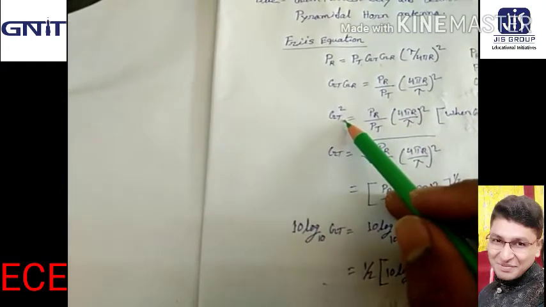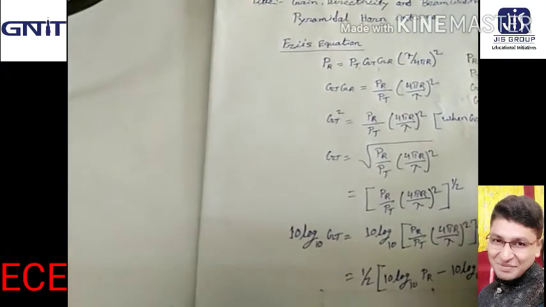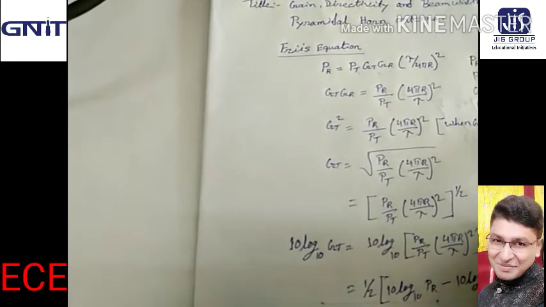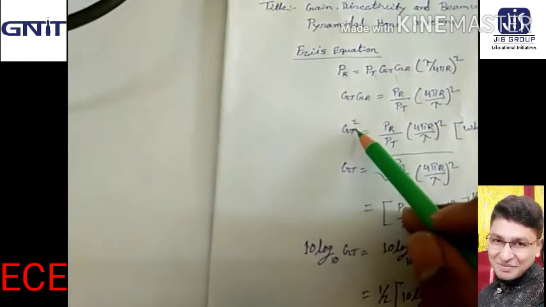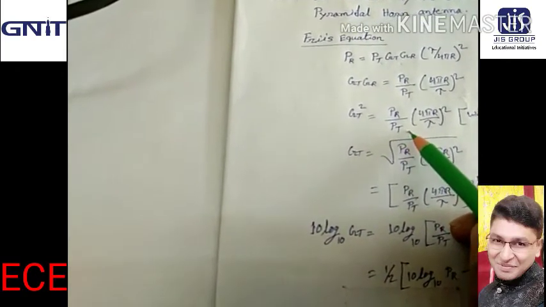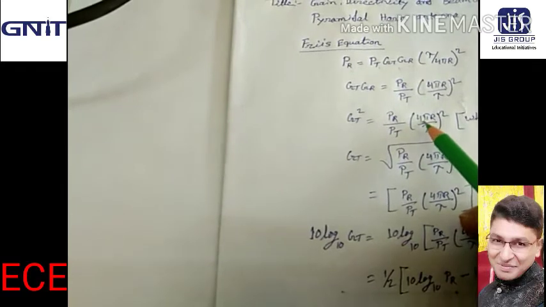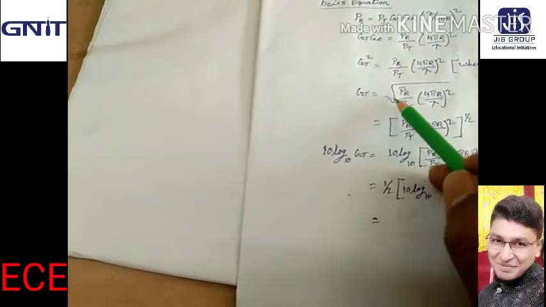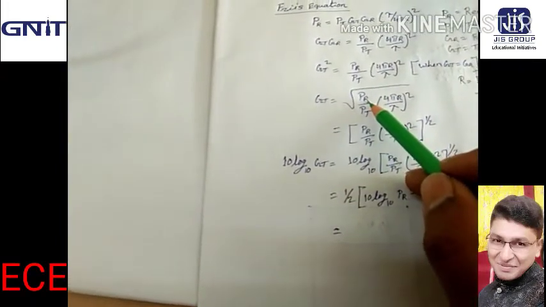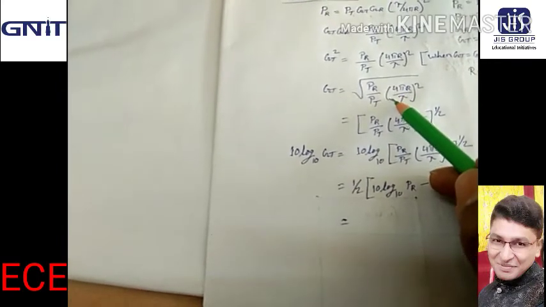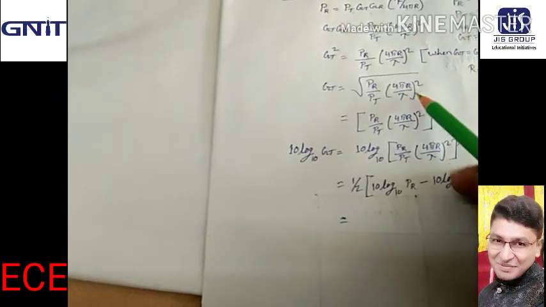Now GT equals root over PR by PT into 4 pi R by lambda whole square.